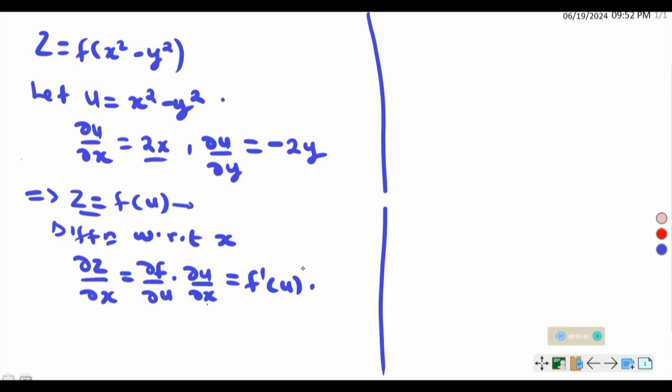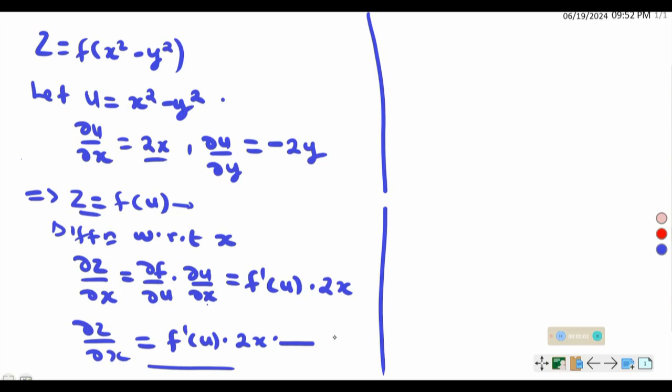Del u del x is 2x, so that is times 2x, meaning that del z del x is actually equal to f derivative of u times 2x. So we can call this one here as equation number 1.